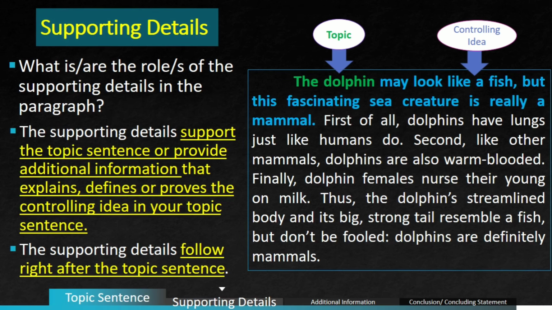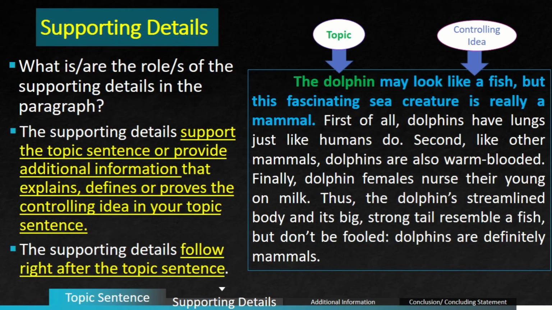Please take note of the following keywords: explain, define, or prove the controlling idea in your topic sentence. The supporting details follow right after the topic sentence. So it is giving us a clue or a hint where the supporting details are found in the paragraph.